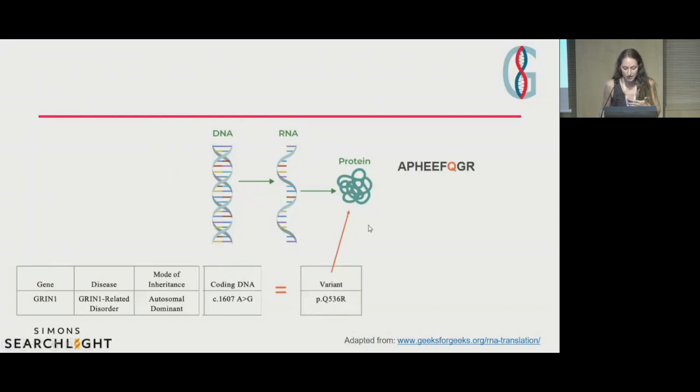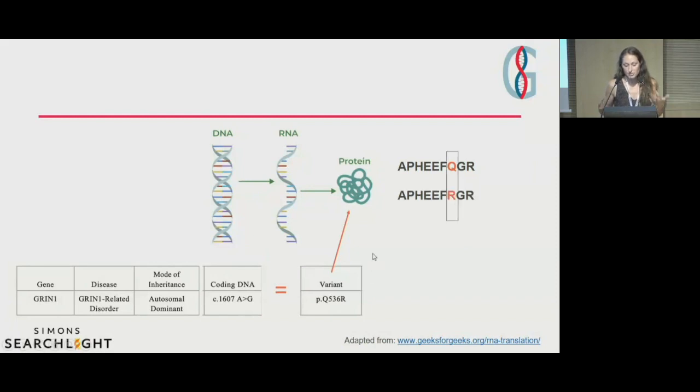In this particular example, it changes one amino acid. The protein has a different letter code than the DNA, and the p dot is the equivalent protein location of this genetic change. So at site 536, where in the reference it's usually a Q, it's now changed to an R.